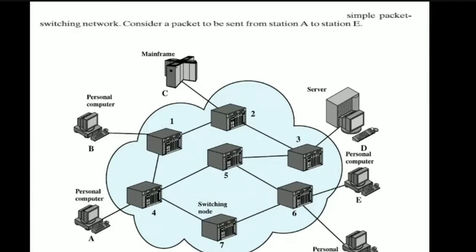But here the packet switching network allows data rate conversion also. A connects to the switching node 4 only, it does not connect directly to the external node E, and node 4 connects to 5 and 7. So here it can do the data rate conversion also.